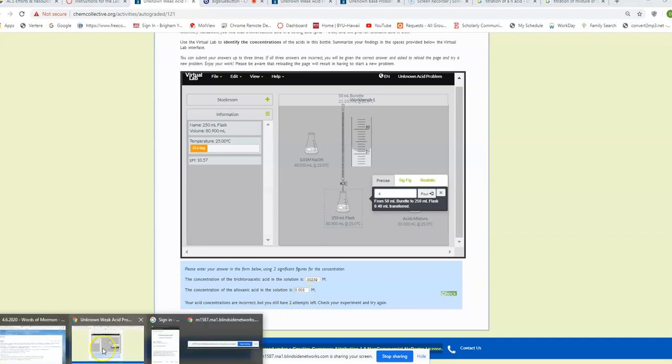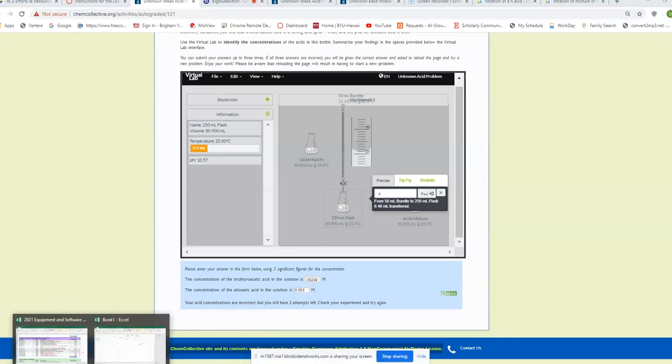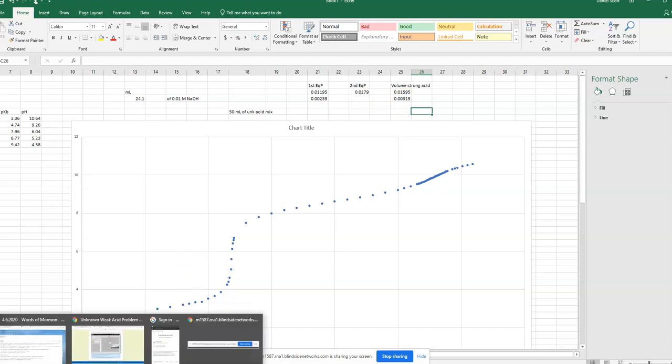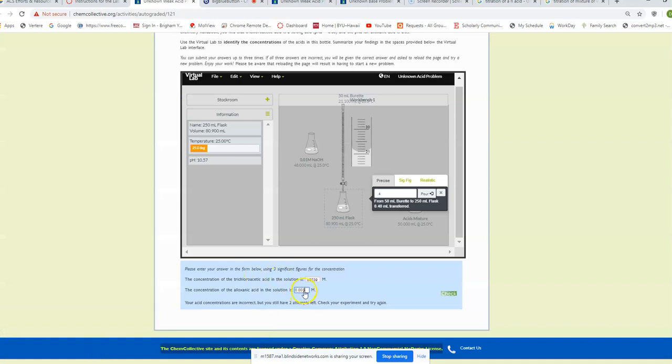Wait, why is there two? Okay, wait, I get it. 0.00319. 0.00239, 0.00319. Did I put 0.003? I put 0.20 last time. Let's check that.